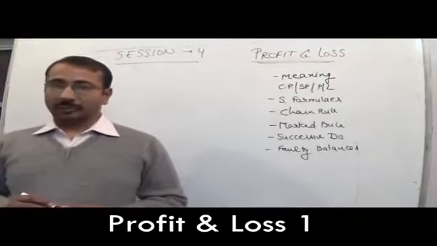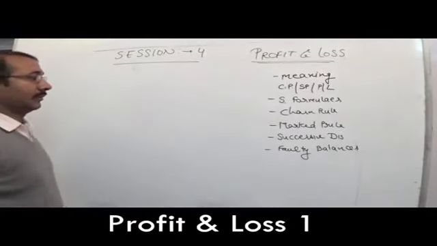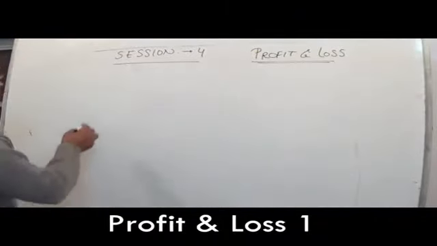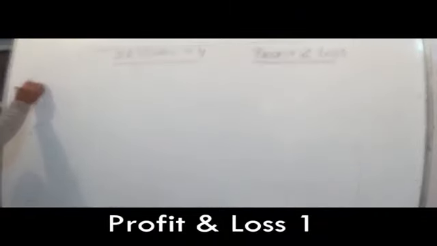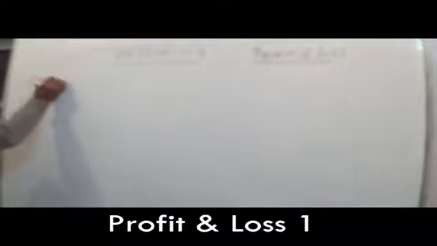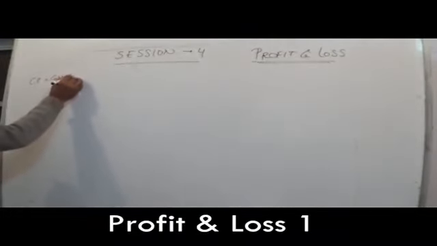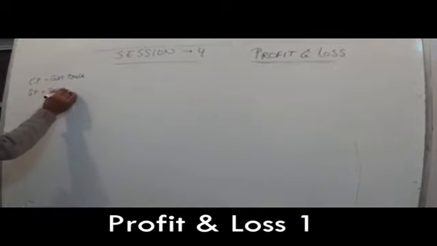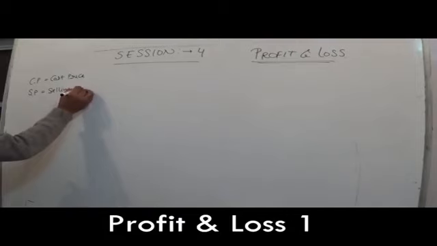Now we will start with the topic. As everyone knows, we have some terms. One is CP, that stands for cost price, that is the cost. Second one is SP, this is selling price, where SP is greater than CP.